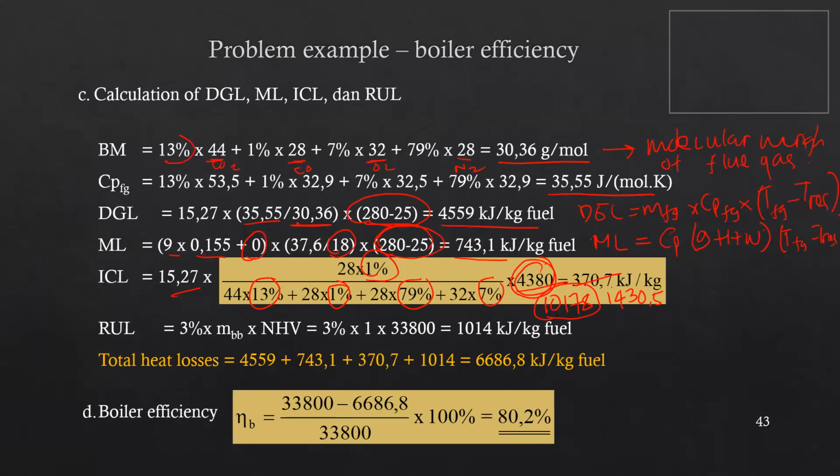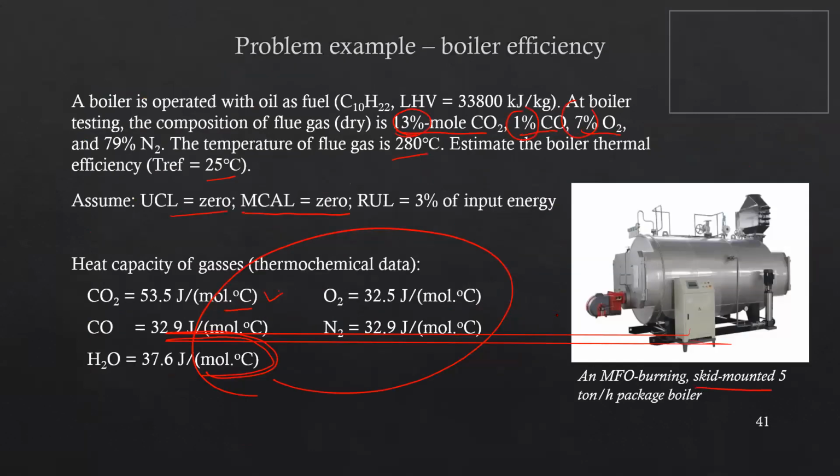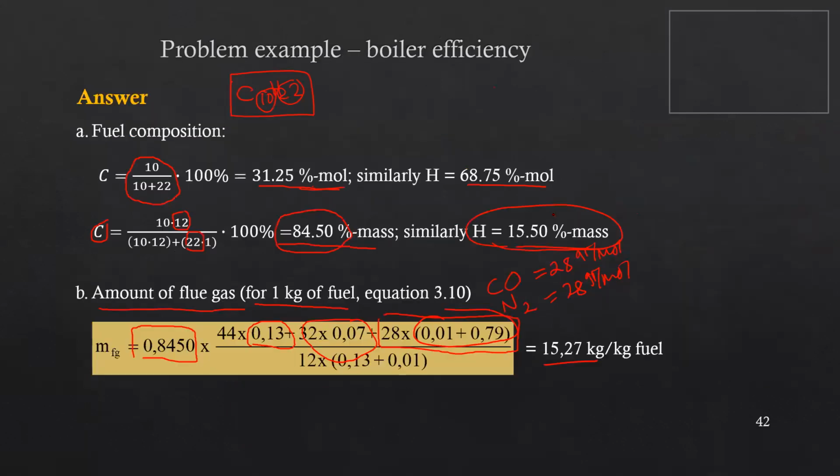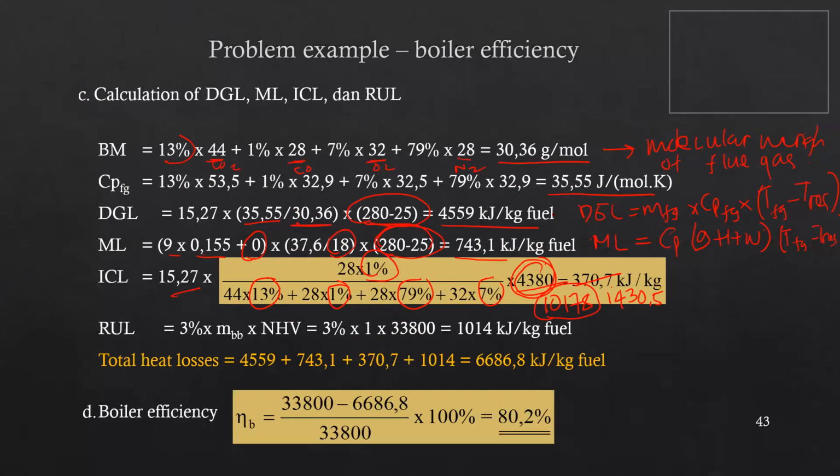Okay, so the last one, we have to calculate the RUL, the radiation and unaccounted for losses. Based on the problem, it is stated that the RUL equals 3% of the input energy.